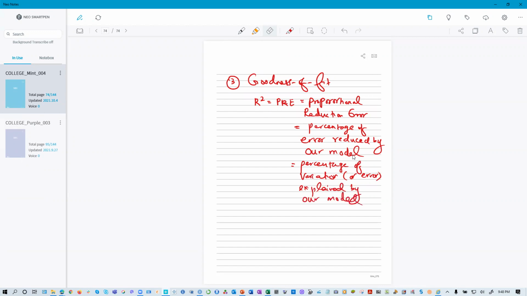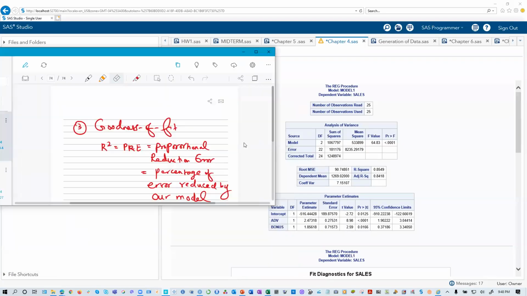Our regression model. How do you get that? Sum of squares regression divided by sum of squares total. In this case, how much is the sum of squares regression? It's already there. We don't calculate. I'm just showing you.